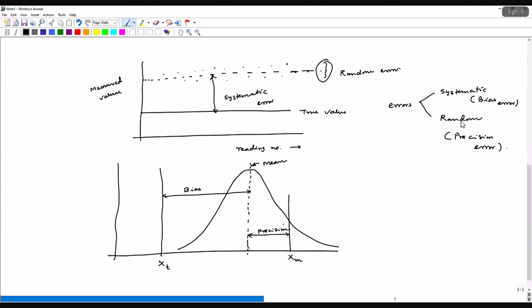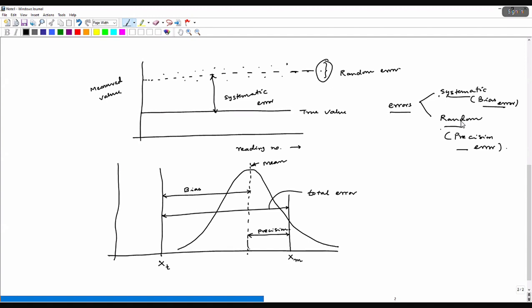And this particular data point from the true value gives you the total error. So basically, errors have systematic or bias error and random or precision error. Together, systematic error and random error will give you the total error in the data.